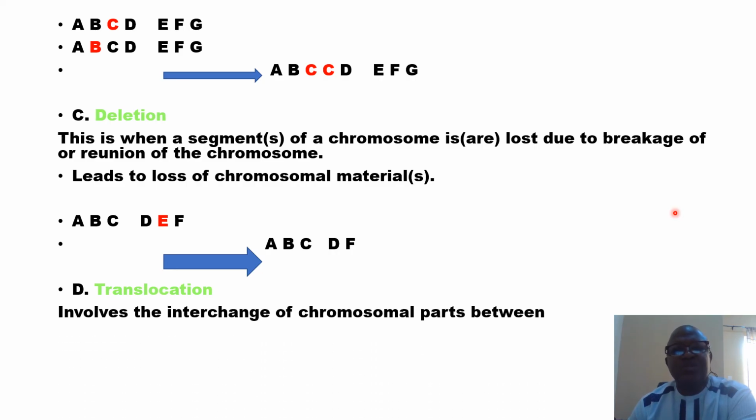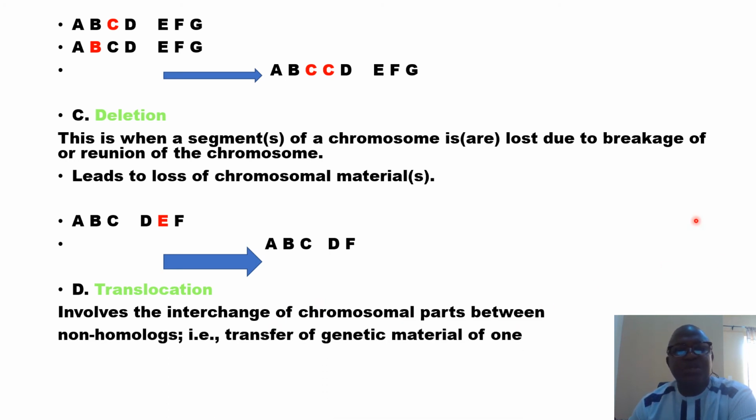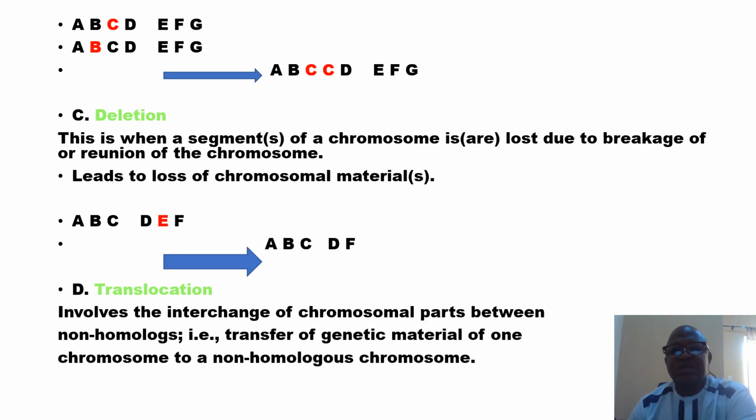There's also translocation, and this basically involves interchange of chromosomal parts between non-homologs. That is, the chromosomes involved here are not homologous. There is therefore a transfer of genetic material from one chromosome to a non-homologous chromosome, and this is exemplified here. These are non-homologs; you can see they have different letters.